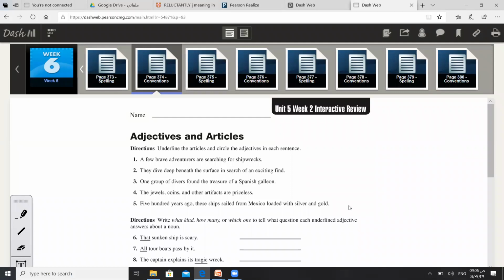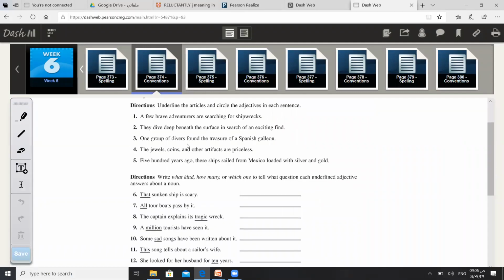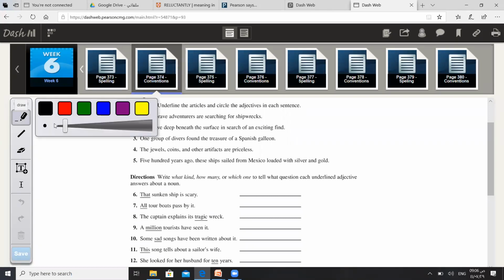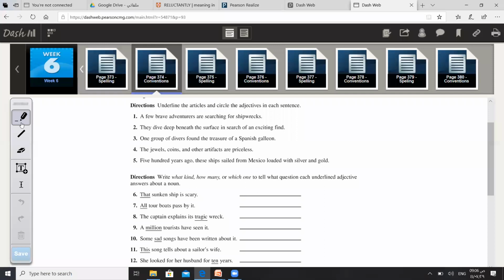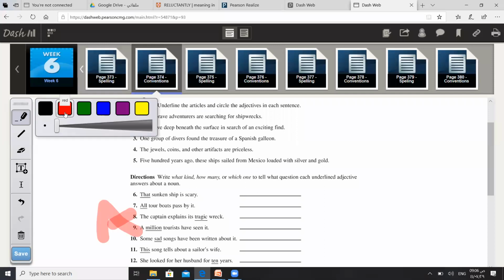Now, a few brave adventurers are searching for shipwrecks. Listen. Let's do the article quickly. Where is the article here? A. What else? Few. And only.